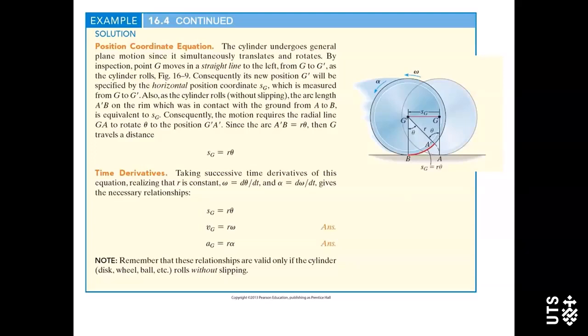Now let's do absolute motion analysis. The initial position of the disk is here. Its center point, the circle center point, is at G. After a time increment dt, the disk rolls to a new position here. The circle center point moves to G prime.